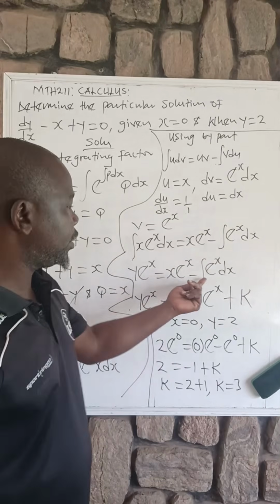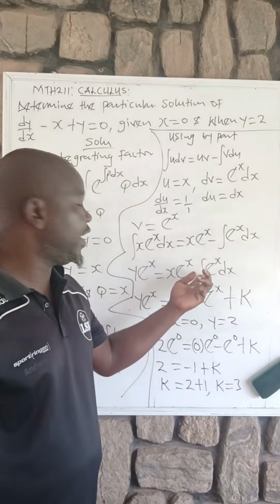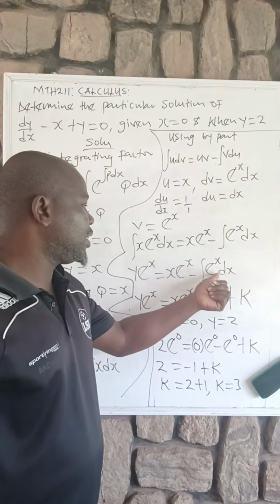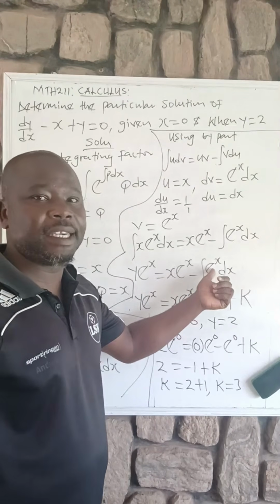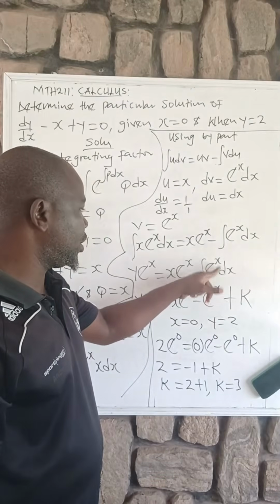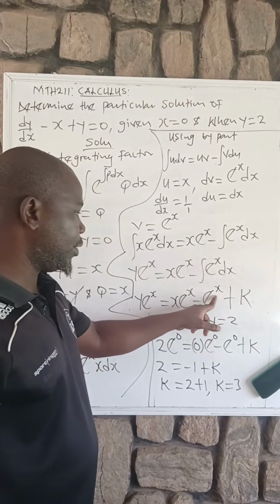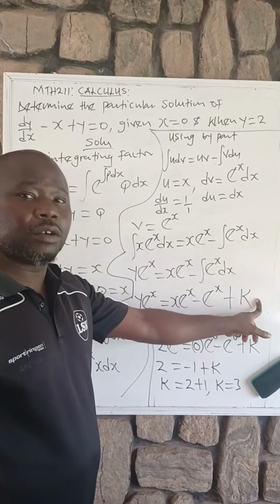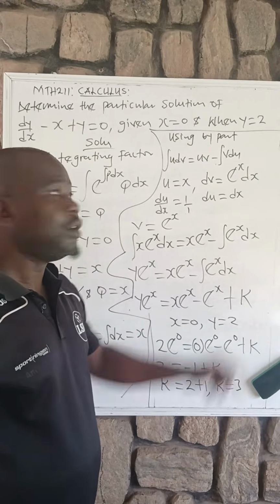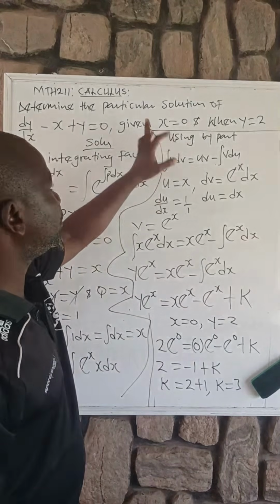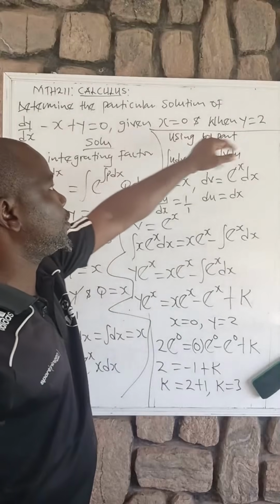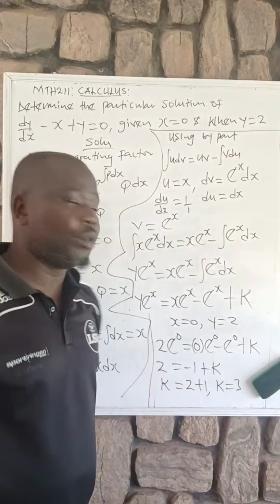So at this point, since we still have the integral sign here, we have to integrate what is inside again. When we integrate exponential x dx, this is what we are supposed to have plus the constant. But we have been given what? Boundary conditions. That is x equals 0 when y equals 2.